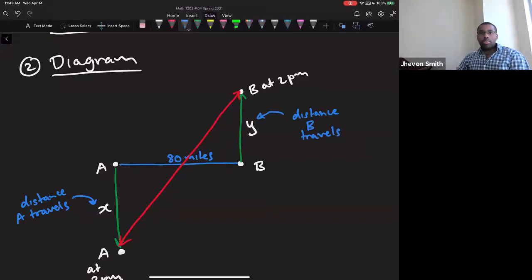So those are variables. And of course, the distance between them is going to change the farther they go. So I would also label that with something, say Z. This is the distance between A and B.